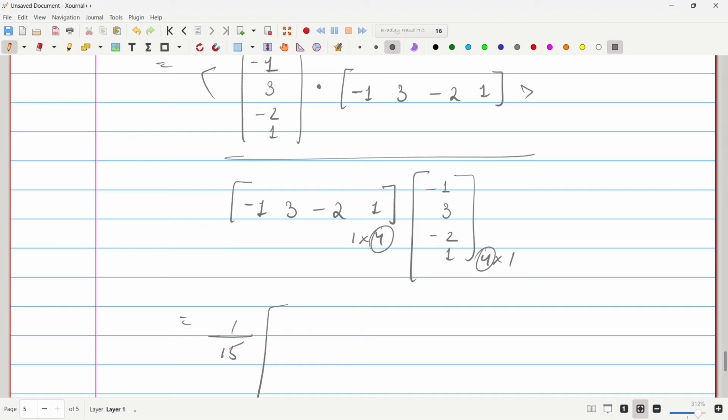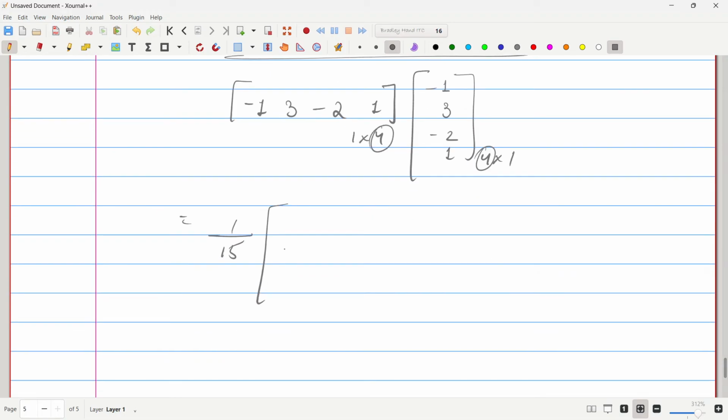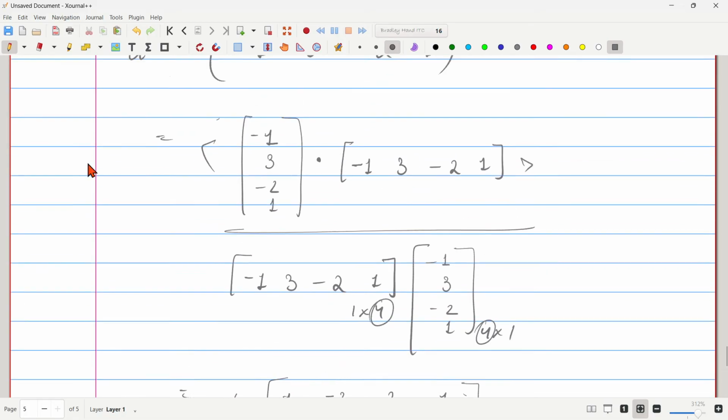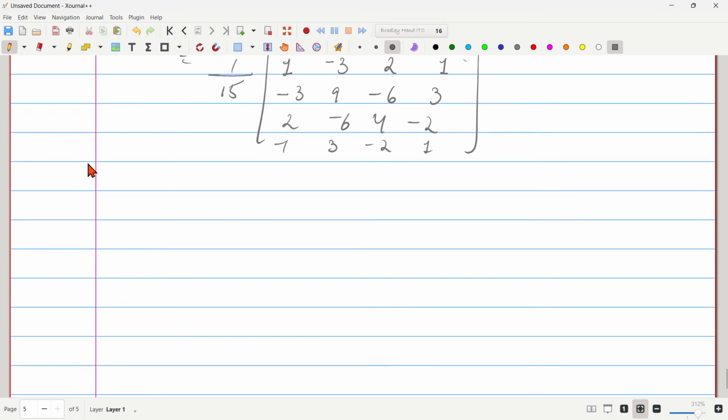So 1 by 15, and the multiplication of the matrices will be 1, -3, 2, -1; -3, 9, -6, 3; 2, -6, 4, -2; -1, 3, -2, 1. Okay, so this is your projection matrix. I hope it is clear.